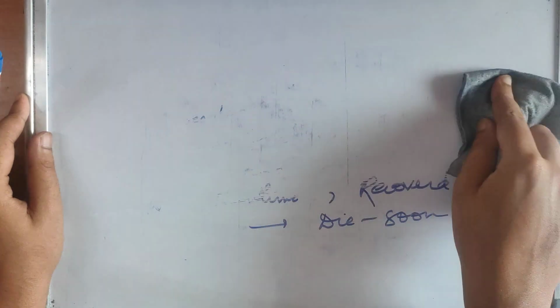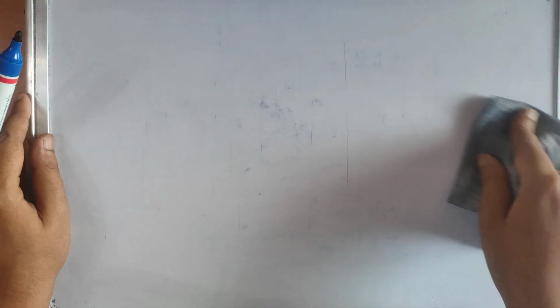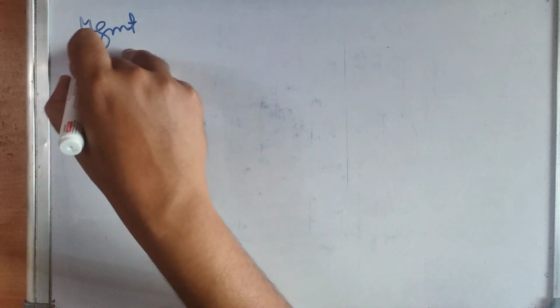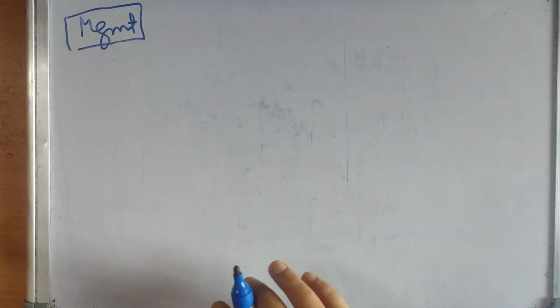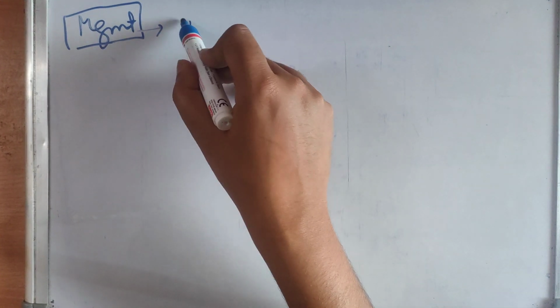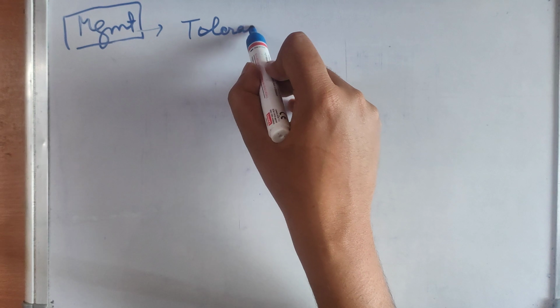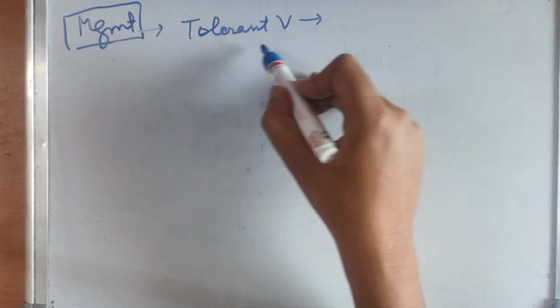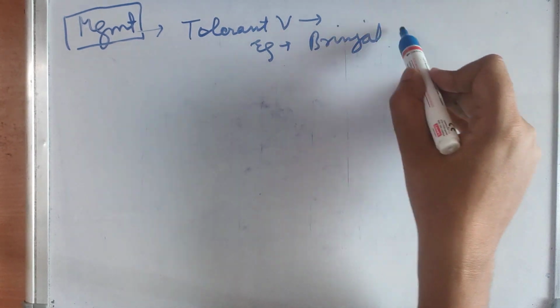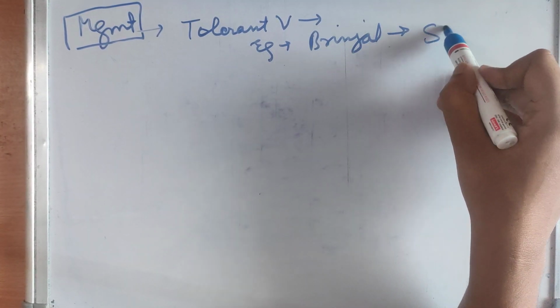Now how will you manage it? Management of bacterial wilt of solanaceous crops. We will use tolerant variety, for example, a tolerant variety of brinjal from bacterial wilt is Samrat.